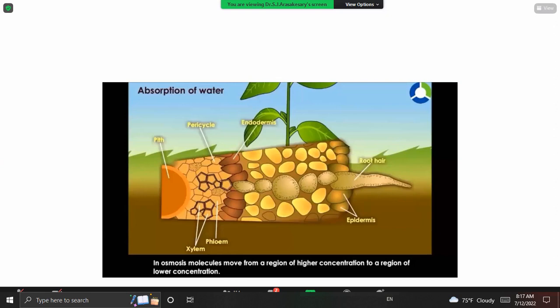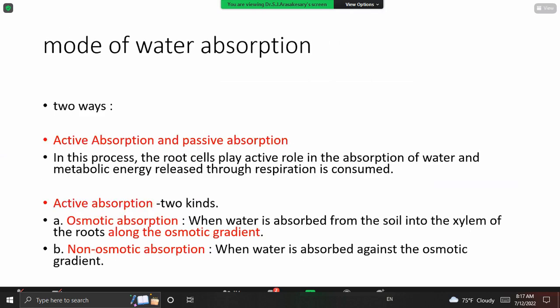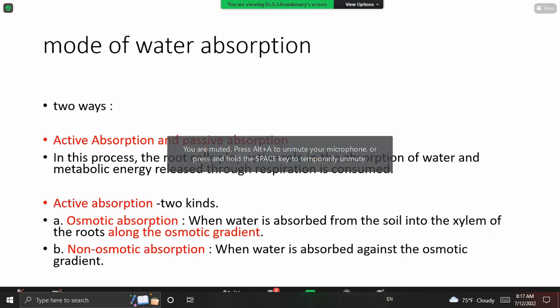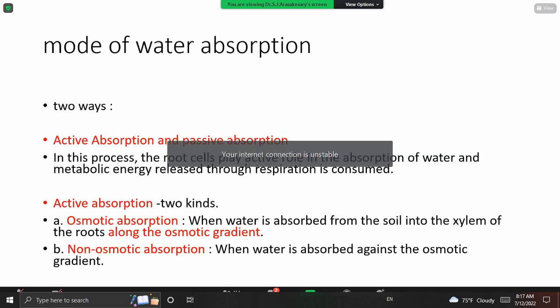Mechanism of water absorption: we have seen two major ways, active absorption and passive absorption. For which is the energy needed? Passive absorption or active absorption? Active. No, passive. Okay, why? Because it drags the water against the water potential. Therefore, in active absorption the plant roots are active, and the energy is needed.